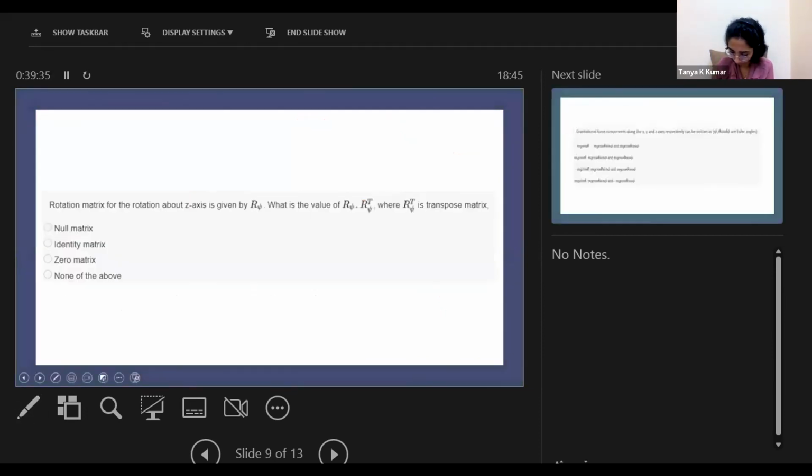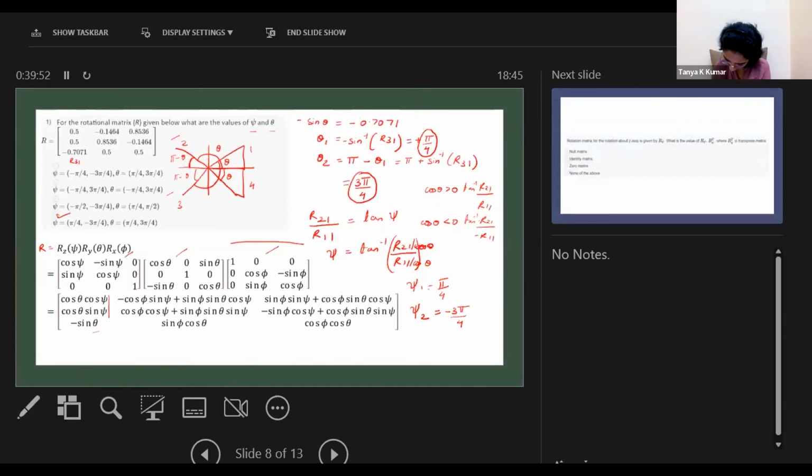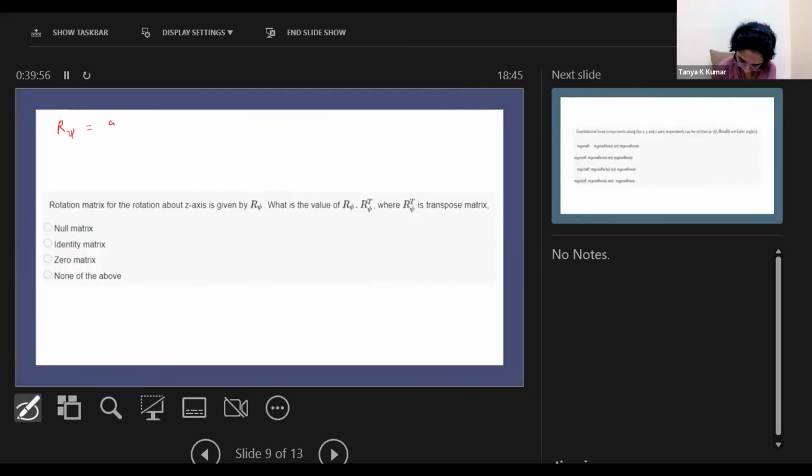Next question. The rotation matrix for the rotation about the z-axis is given by R xi. What is the value of R xi into R xi transpose? So now we had written R xi as, what was the value? The matrix. Cos xi, sin xi, 0, 0.